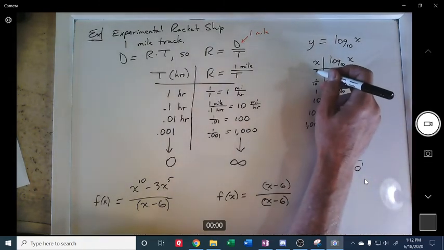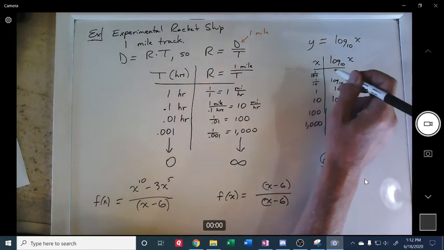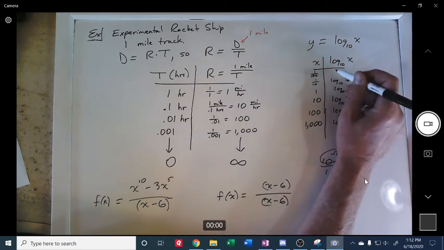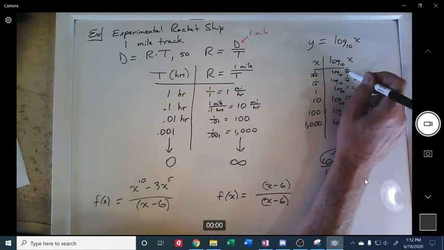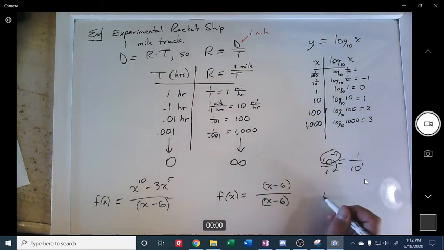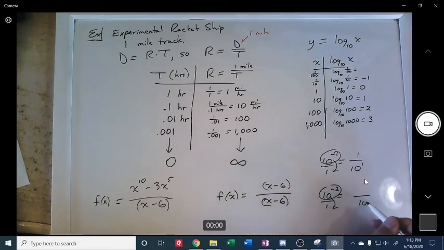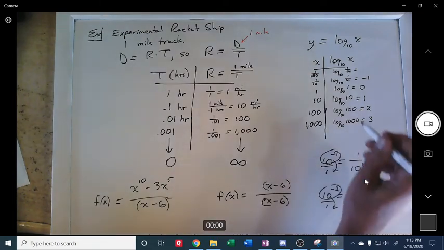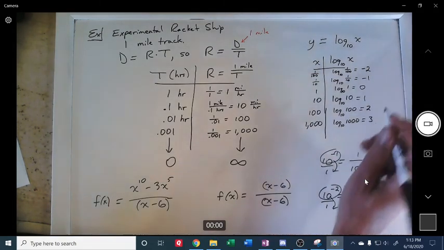If it was 1 over 100, 10 to what power is 1 over 100? It turns out 10 to the negative 2, because you bring this to the bottom and you get 1 over 100. So this would have to be negative 2.